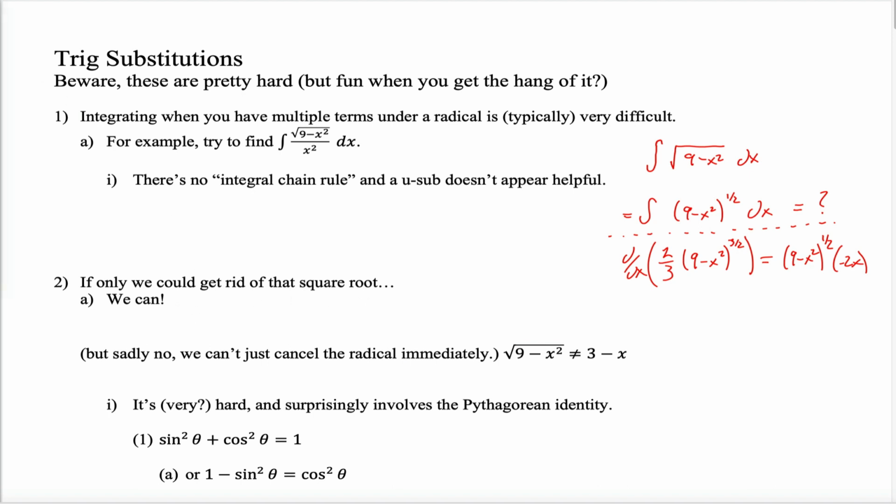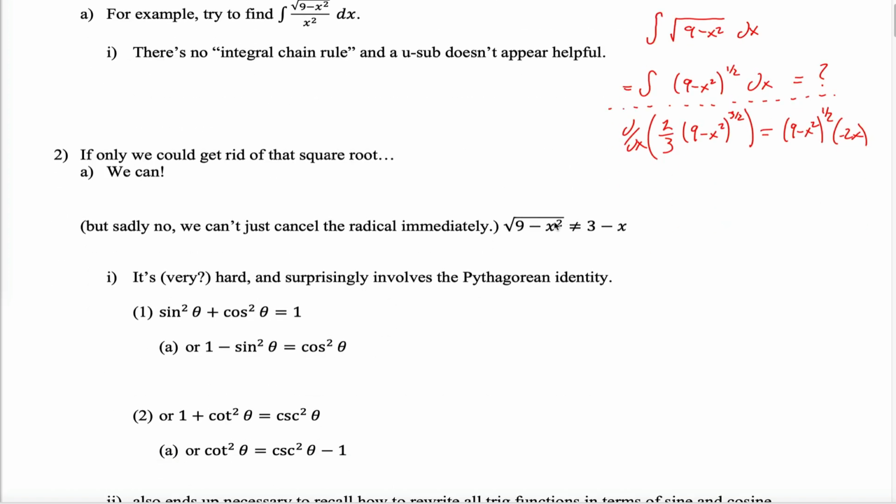First comment, the bad algebra comment. We cannot immediately cancel out the square root by taking the square root of the 9 and the square root of the x squared. What I'm saying is the square root of 9 minus x squared is most definitely not equal to 3 minus x. Because if it were equal to 3 minus x, well then 3 minus x squared should give us 9 minus x squared.